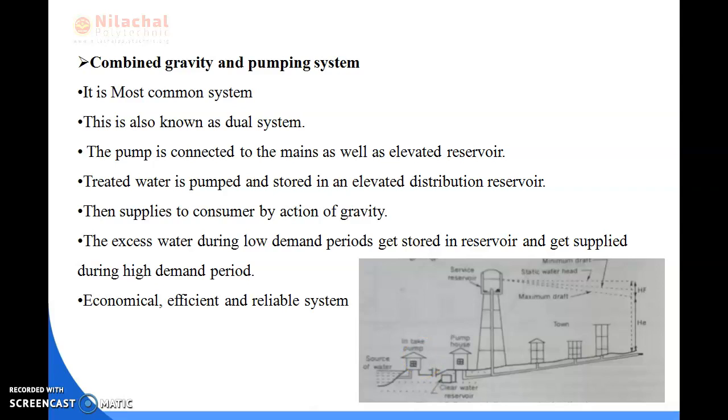As we read in chapter 3, the water treatment process, the water is treated and stored in the distribution reservoir, or you can say storage reservoir. Then it is supplied to the consumer or to the town or to the city. It is economical, efficient, and a reliable system. So this is all about the combined gravity and pumping system.